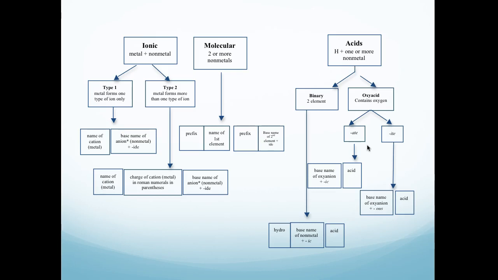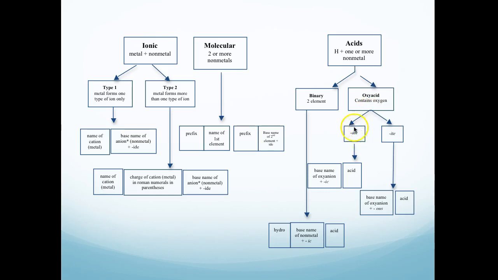So the first thing we need to do is look at the formula and identify that polyatomic ion. So if I'm looking at the formula, and I would write this down, and it says H2SO4. If I look at the SO4, I know that that polyatomic ion is sulfate, right? I know it has a -2 charge, so it needs two of these +1 from the H+ to pair up with it to make sure that it's neutral. Once I've identified that SO4 is sulfate, I'm going down this path.